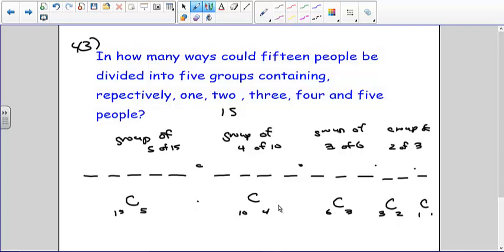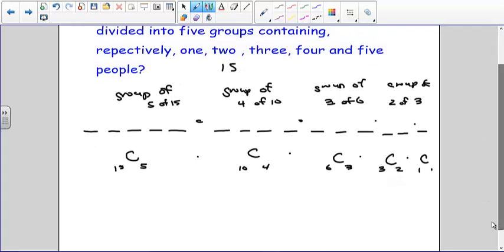And each one of these you can calculate using the formula. So you'd have 15 factorial divided by 5 factorial times 15 minus 5 quantity factorial.